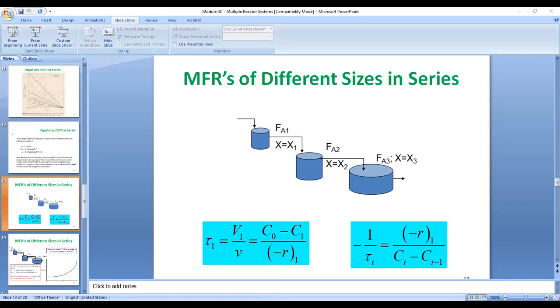Is it on the slide which has the MFRs of different sizes in series? Okay, how come? Oh, yes, miss.